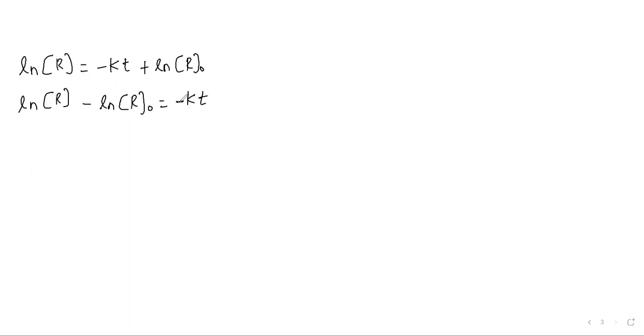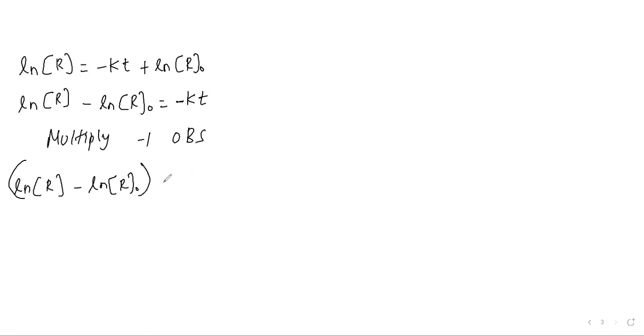When you multiply by minus 1 on both the sides, then ln of r minus ln of r naught into minus 1 equals minus of minus k. If you multiply by minus, this will be positive. ln of r naught minus ln of r equals kt.